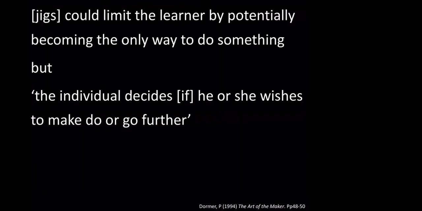And Peter Dormer again acknowledges that jigs could limit the learner by becoming the only way to do something, but counters this by suggesting that the individual decides if he or she wishes to make do or go further. Crawford again echoes this by recognising the rigidity of the jig, but suggesting that it's deployed flexibly in the intelligent ordering of the environment by someone who is in command of his own actions.